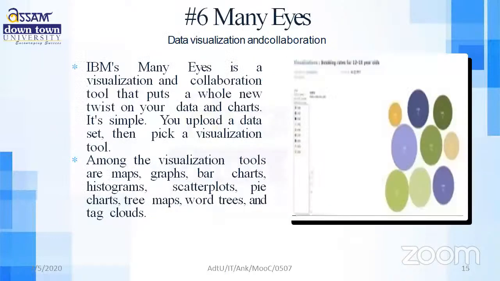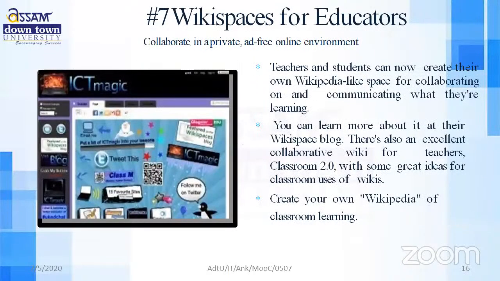Now, another point is Wikispaces for Education. Wikispaces for Education provides a collaborative, private, ad-free online environment. Teachers and students can create their own Wikipedia-like space for collaborating and communicating what they are learning. Suppose today you are learning about free source software and open source software.